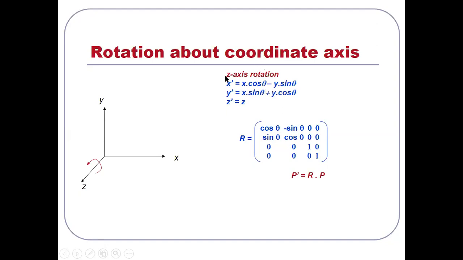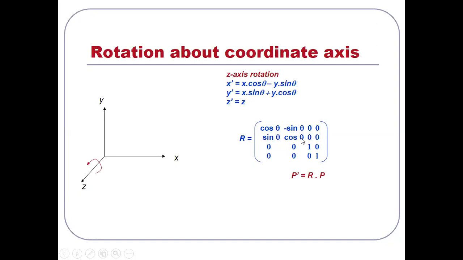If you rotate an object via the z-axis, understand the z parameter will remain as such, because you are rotating via the z-axis. So x and y, the other two, are where the action takes place. So this is the formula: P dash, the rotated point, is equal to this matrix times P, that is x, y.